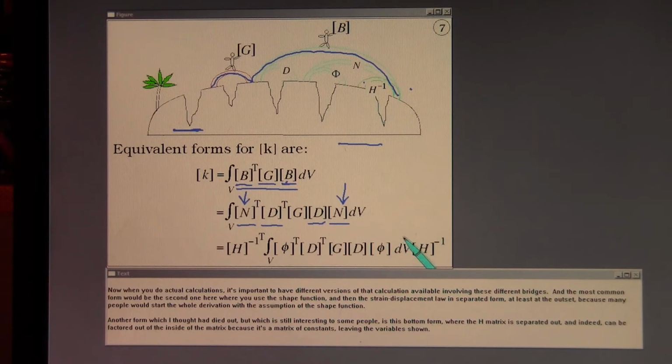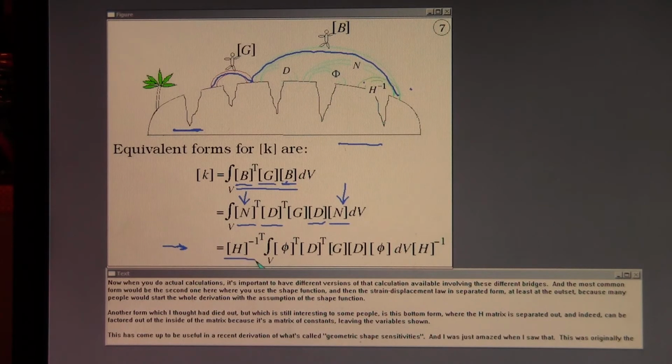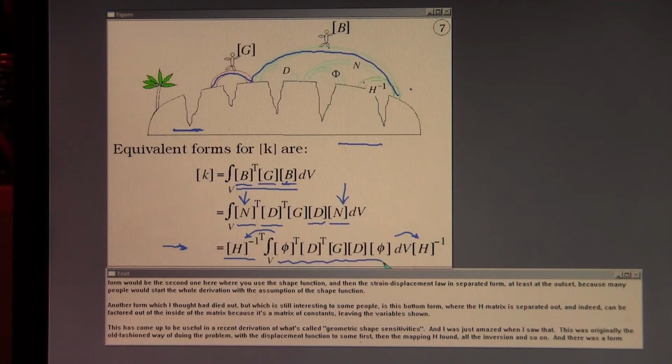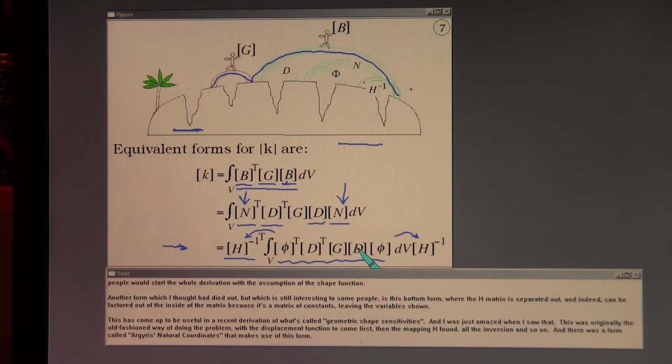Another form which I thought had died out, but which is still interesting to some people, is this bottom form where the H matrix is separated out and indeed can be factored out of the inside of the matrix because it's a matrix of constants, leaving the variables shown. This has come up to be useful in a recent derivation of what's called geometric shape sensitivities, and I was just amazed when I saw that.